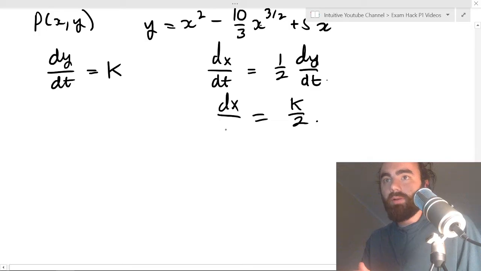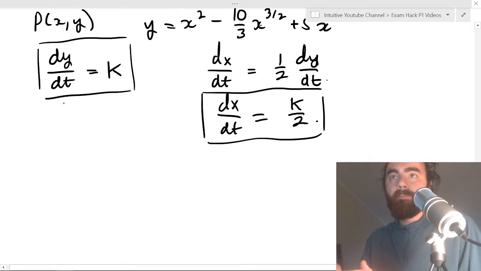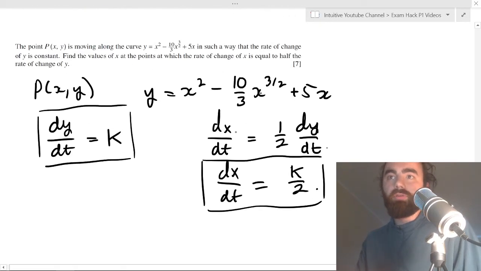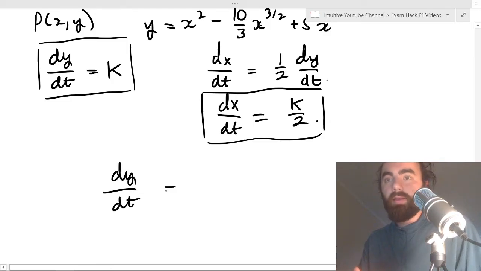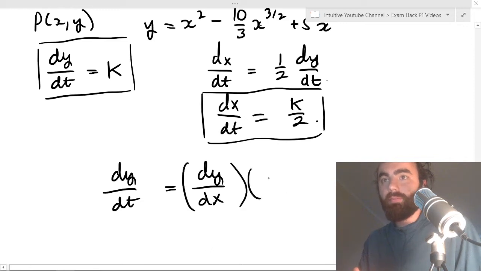So therefore dx by dt equals k over 2. And we know an equation from our chain rule. We know that dy by dt equals dy by dx times dx by dt.